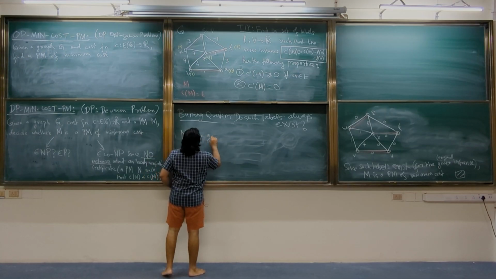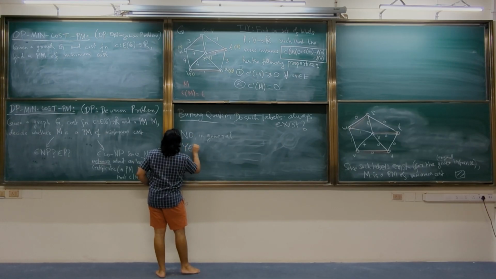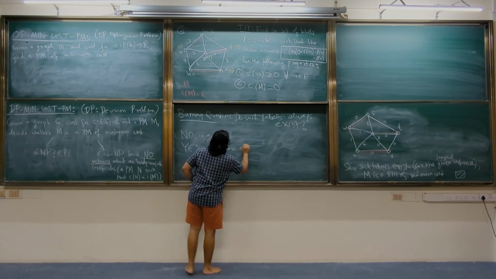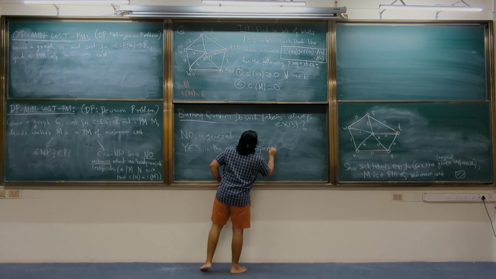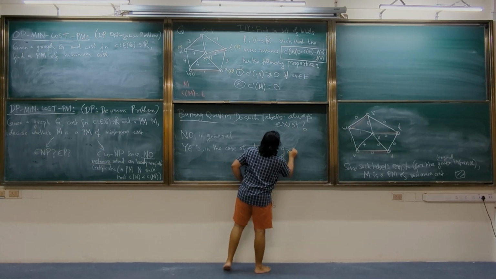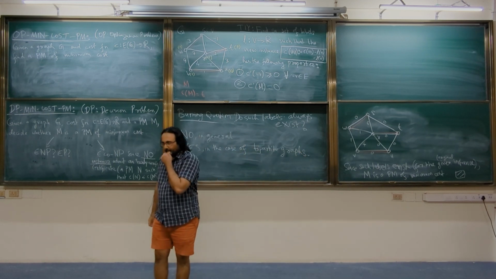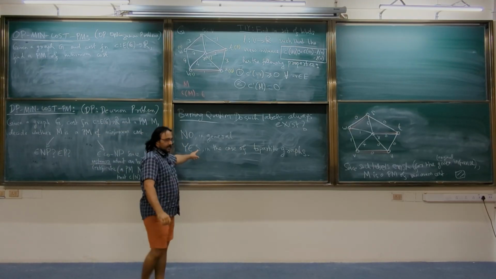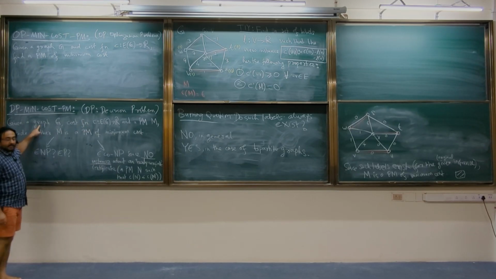In general no, but yes in the case of certain graphs, including the very rich class of bipartite graphs. So that means if the given graph is bipartite, then the problem is in NP.